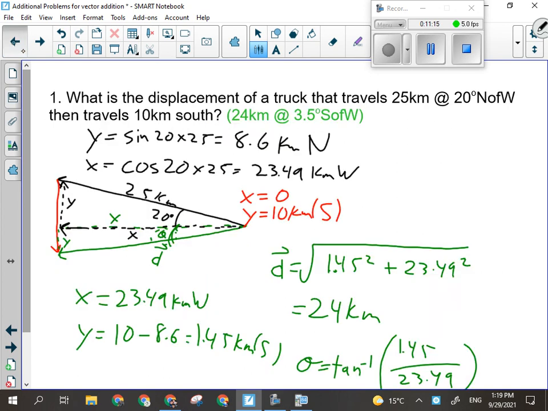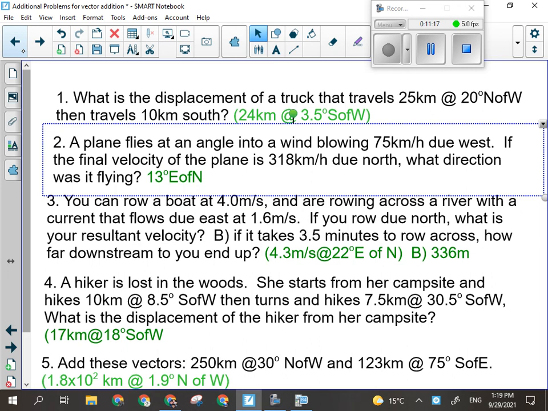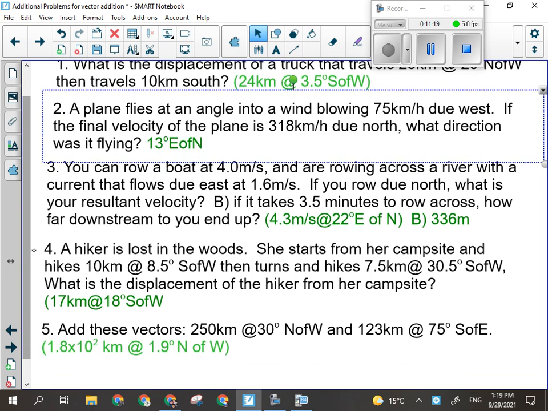All right. Number 3 is also a boat question, but it is a rowing across question, not a going across question. So in a rowing across question, you end up downstream. Your resultant is the hypotenuse of the triangle on one like that. All right? Give you guys a few minutes to work on that one.